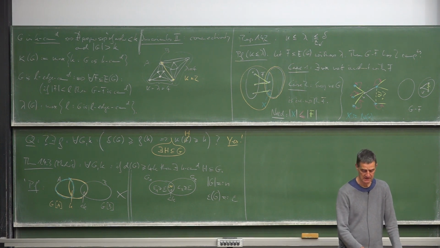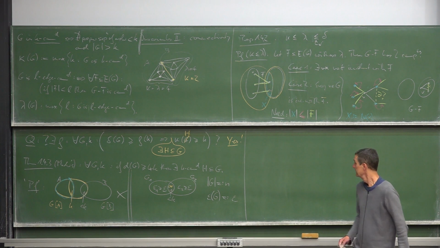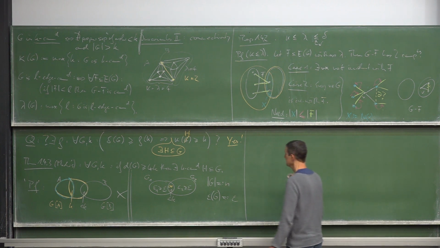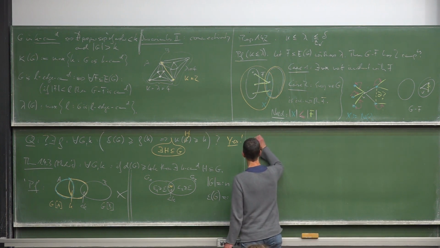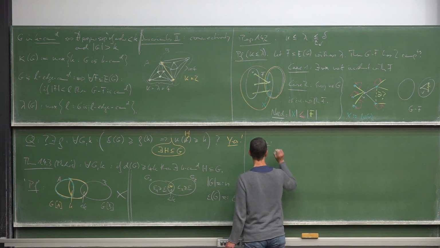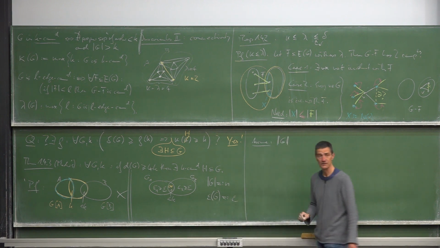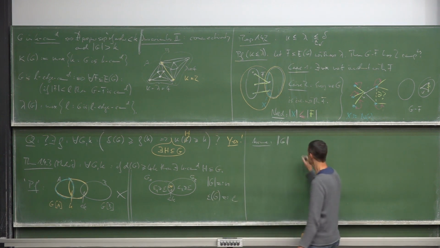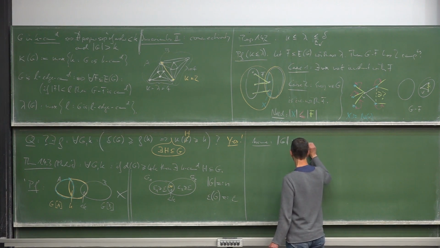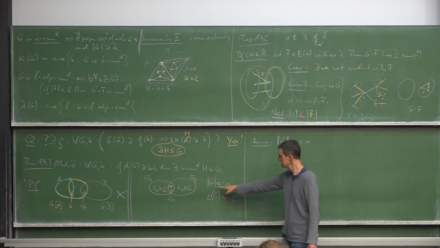So let's see how this works. We're assuming that the number of edges of G is at least Cn. N is the number of vertices.